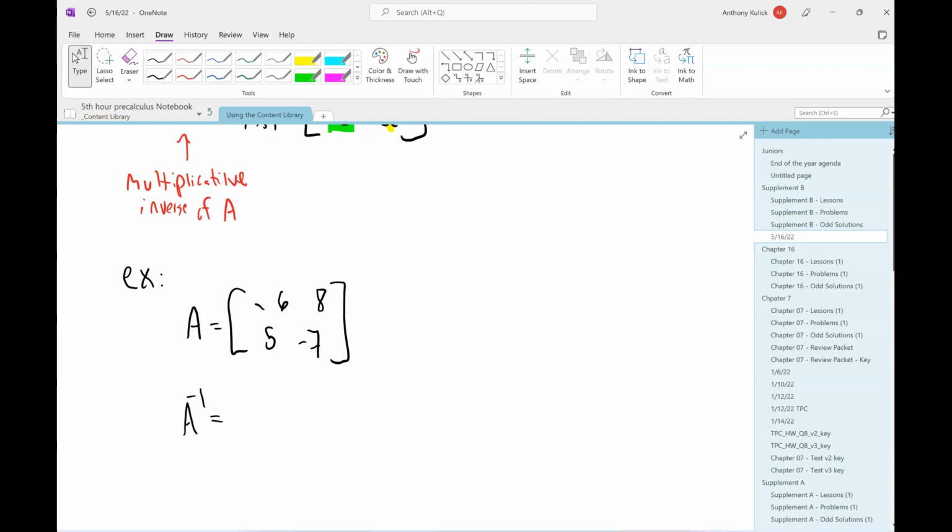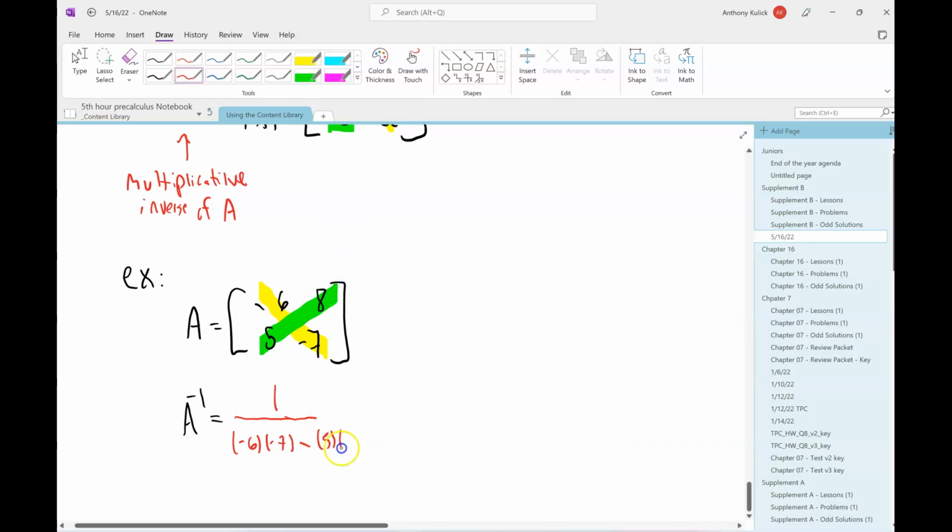So we have 1 over the determinant of A. That's going to be -6 times -7 minus 5 times 8. Everybody's okay? Now we need to write our new matrix here.